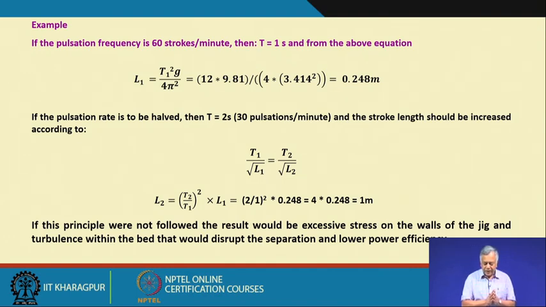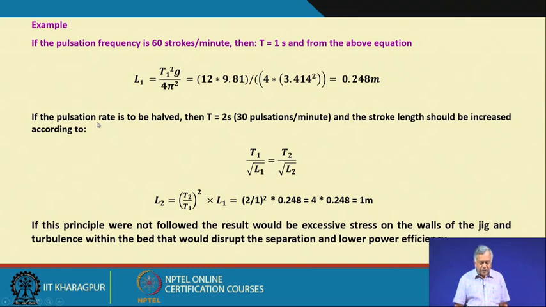T is equal to 1 second, so 1 squared is nothing but 1. So this becomes 9.81 divided by 4 × 3.414 squared, which is equal to 0.248 meter. This must be corrected.